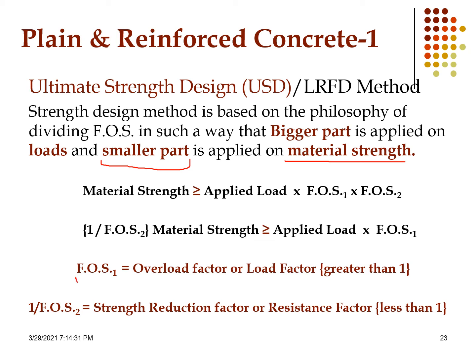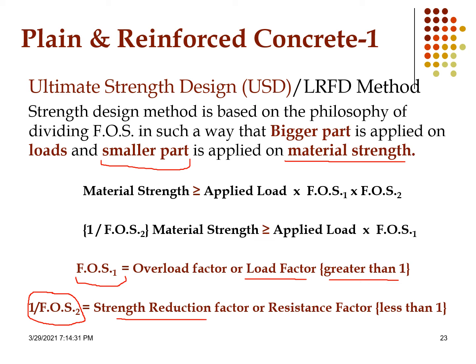So FS1, which is FOS1, the first part of factor of safety, is greater than 1. This is the bigger part and it needs to be applied on the load, and normally we call it the load factor. Now this part, 1 over FOS2, is the smaller part and we call it the strength reduction factor, which needs to be applied on the material strength.